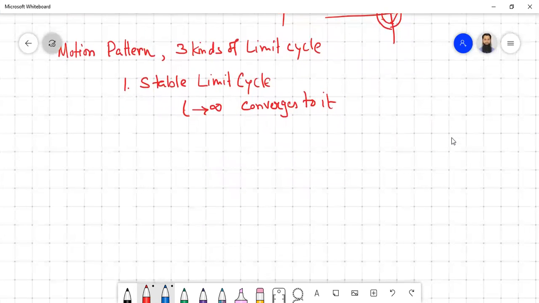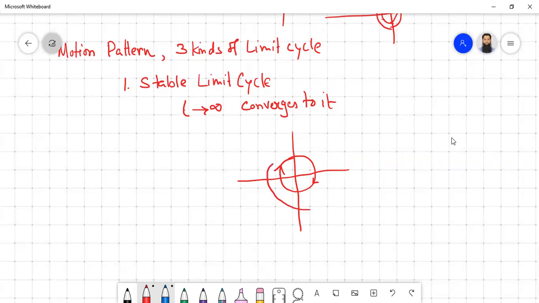Graphically, what it means is, if you have a limit cycle, which not necessarily has to be circular, but we can assume that this is a circular limit cycle. This is the limit cycle. Once you are outside the limit cycle, you will gradually converge to it, and it will continue there. If you are inside as well, you will have a similar nature.